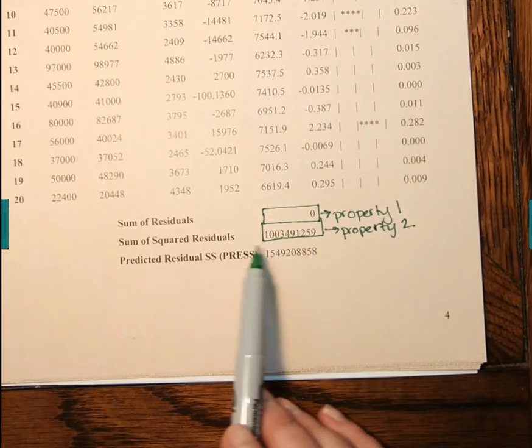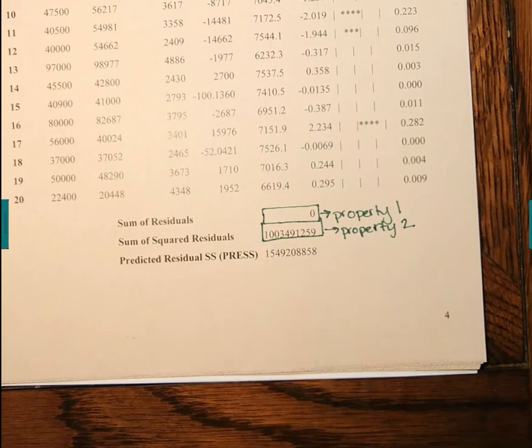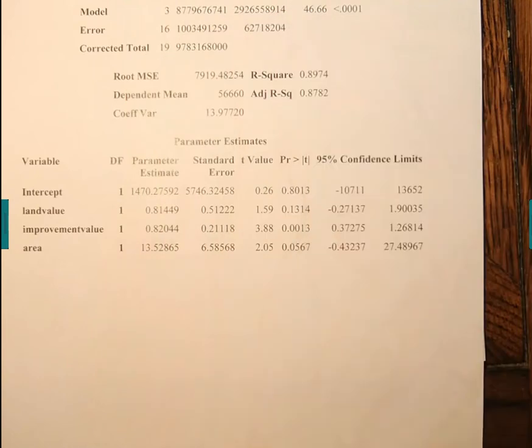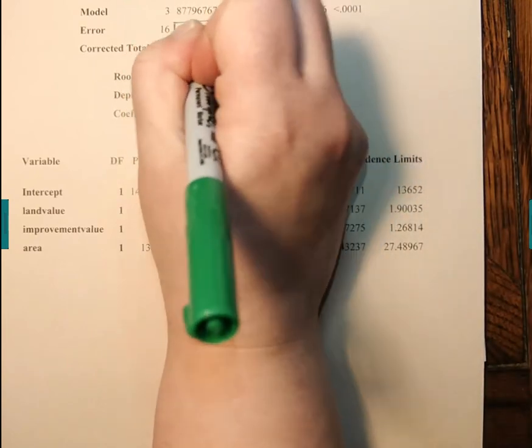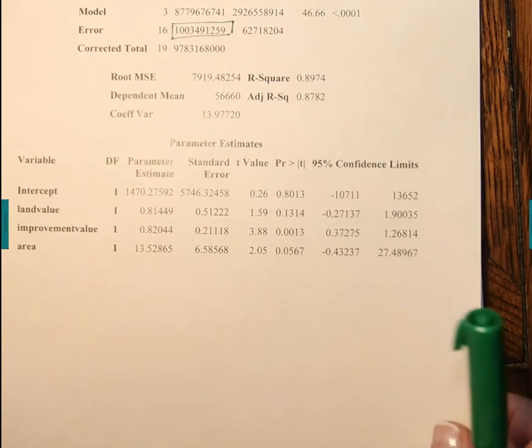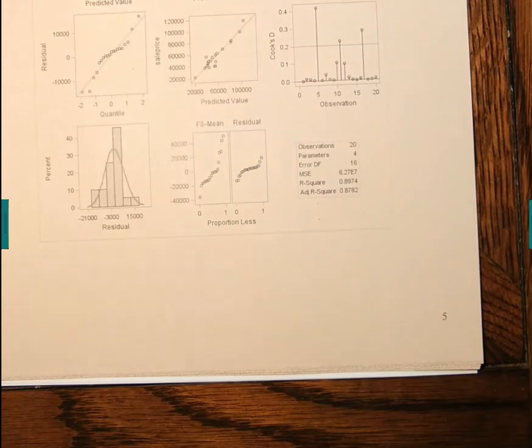So notice the sum of the squared residuals, we get this value here, and we also find this value right here as well on page 3. And so that's really all we need to see for right now from this output. And again, we're just looking at the properties of the residuals.